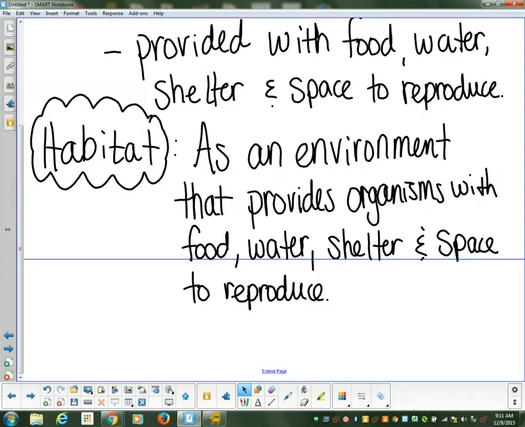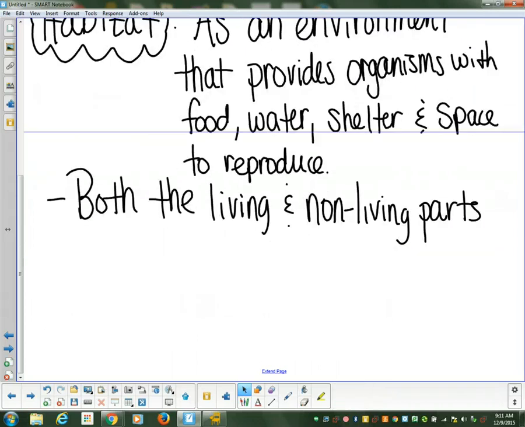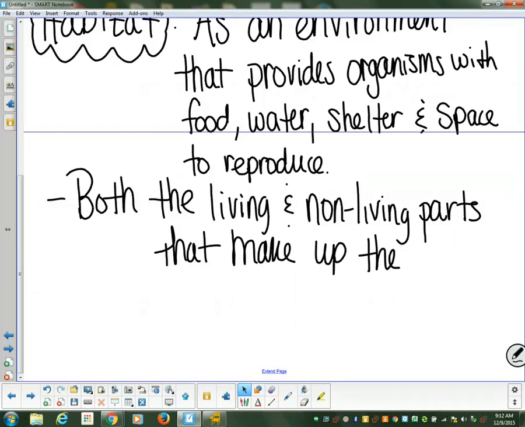All right. A habitat is going to be both the living and non-living parts that make up the habitat.